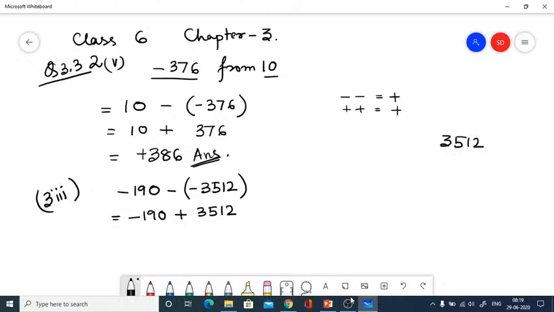Now see, here there are two different signs. One is negative and one is positive. So it will be subtraction, 3512 minus 190. So 2 minus 0 will be 2. And this you can take carry. This is 11. 11 minus 9, 2. 4 minus 1, 3. And this is also 3.